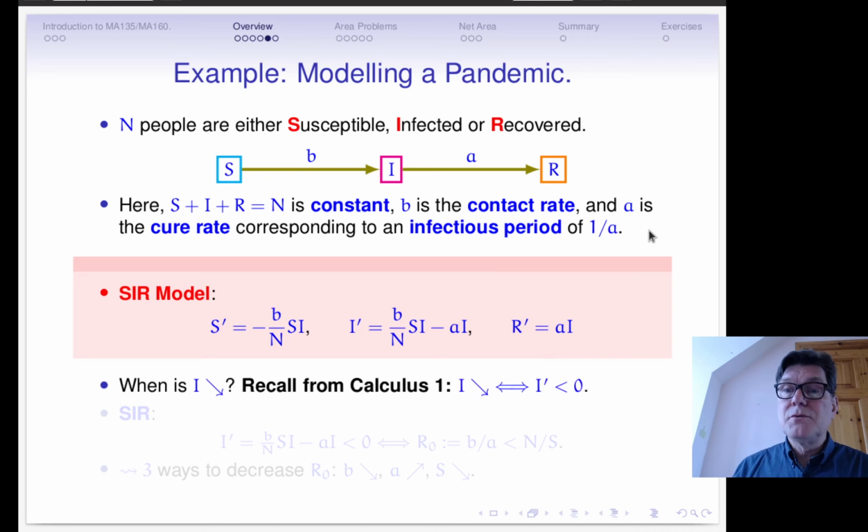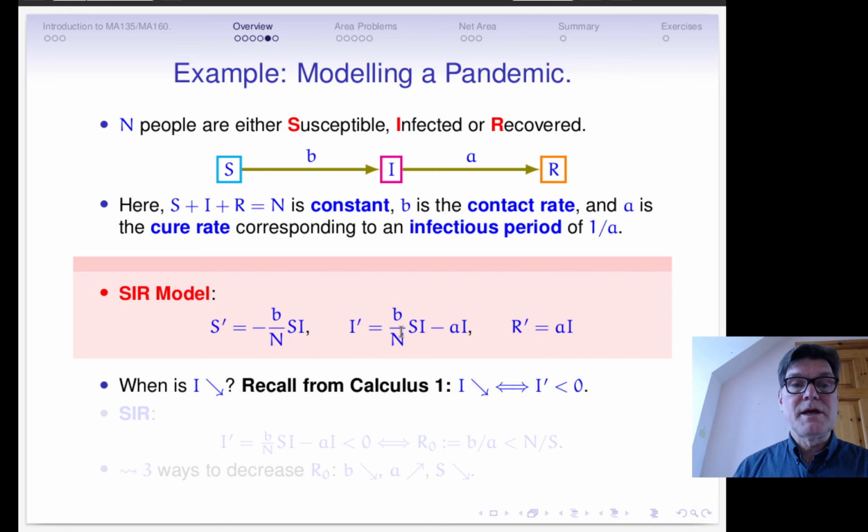And then one can use this model to ask and answer simple questions, like, for example, when is the number of infected people going down? Now, from the differential calculus, we know that a function is decreasing if and only if its derivative is negative, strictly less than 0. The model here involves a formula for the derivative of the I function.